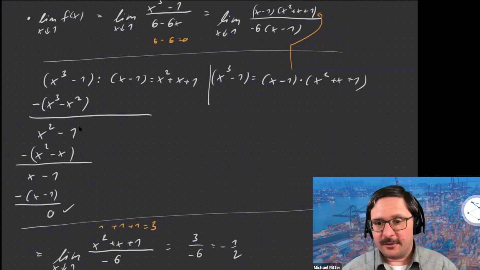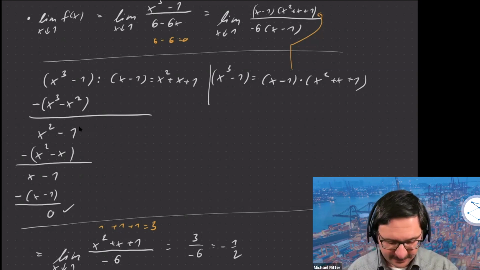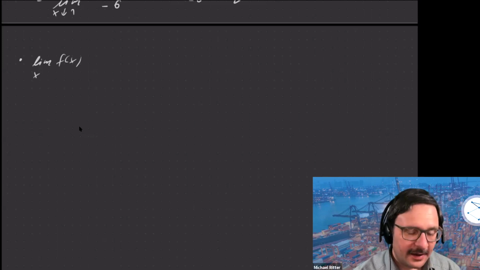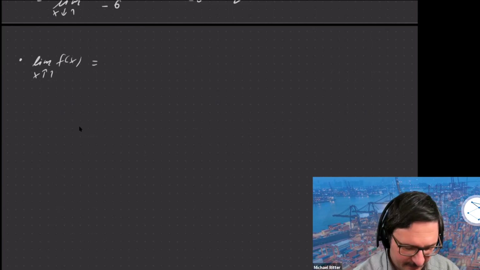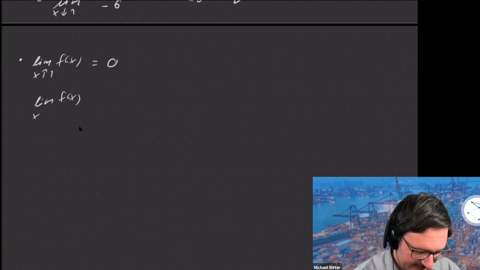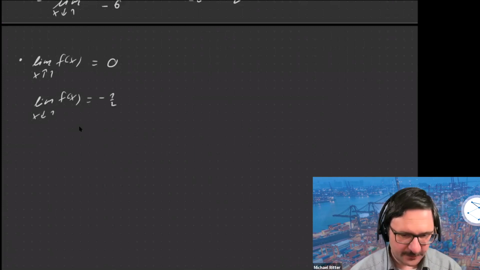Okay, so we have computed both one-sided limits, from below and from above. To sum up, what we found out is the limit of f of x as x tends to 1 from below, that was 0. The limit of f of x as x tends to 1 from above, that was minus 1 over 2.